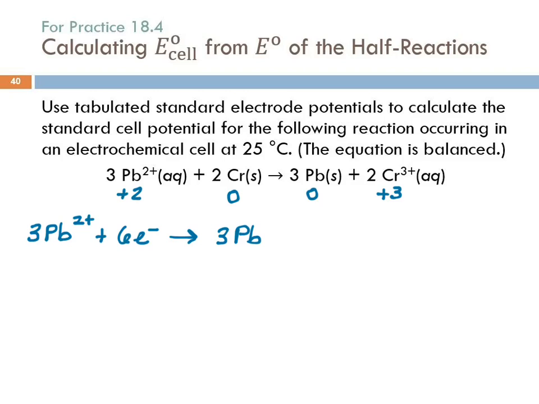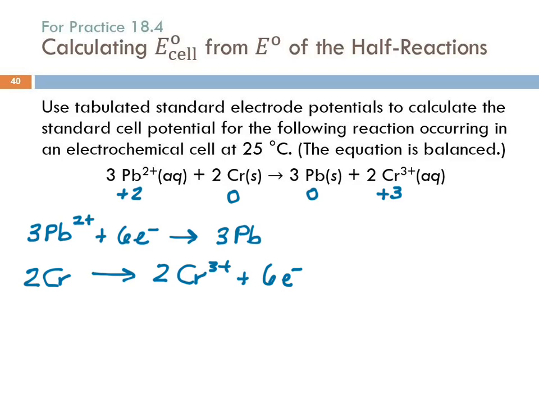And then the other one is 2 Cr going to 2 Cr3+ plus 6 electrons. So this is kind of pulling apart a balanced equation and looking at the two halves. When you pull this apart, you should have the same number of electrons on each side, because when you add those equations together, those cancel out.